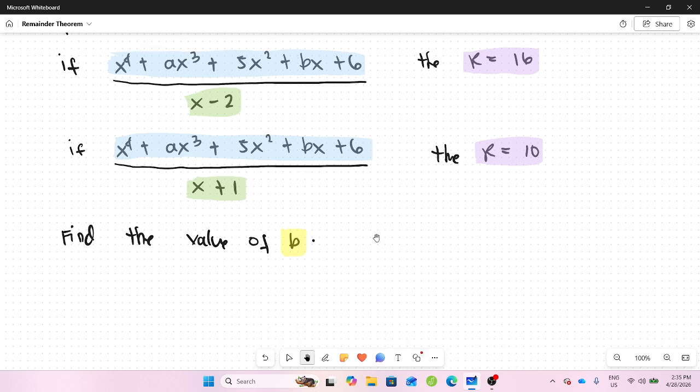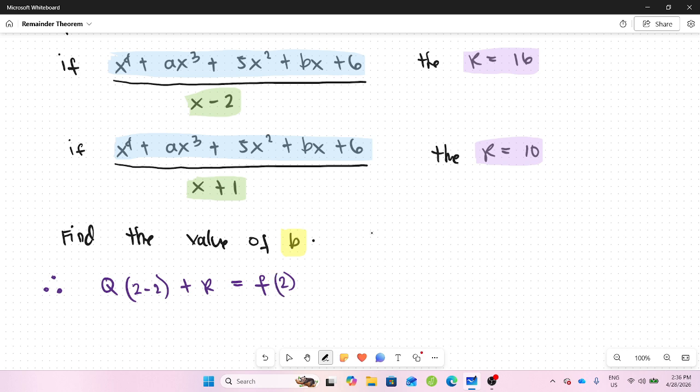Let us first understand how we are going to solve this problem. For condition number one, based on the remainder theorem, we have the quotient times (x minus 2) plus r, and that should be f(2).